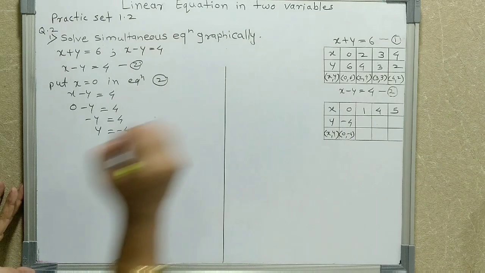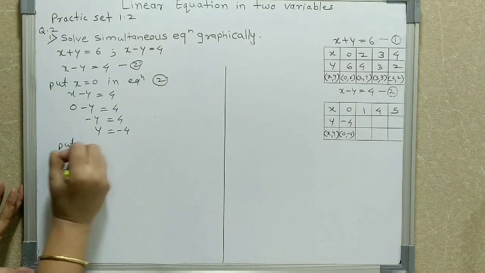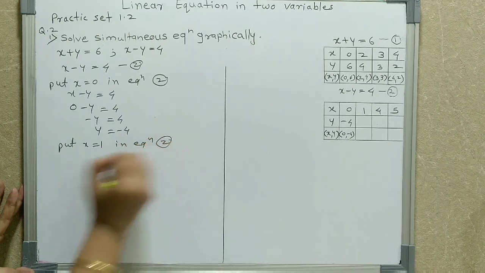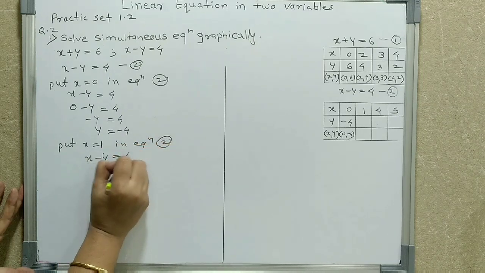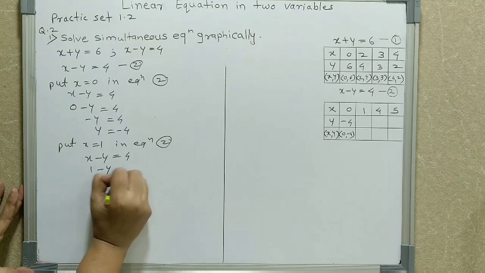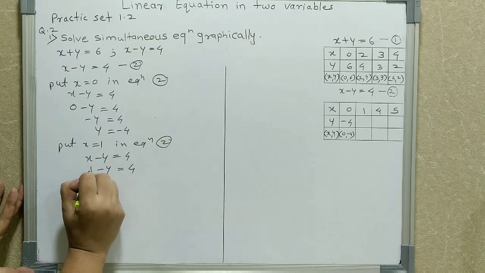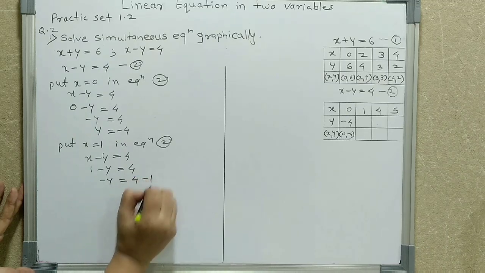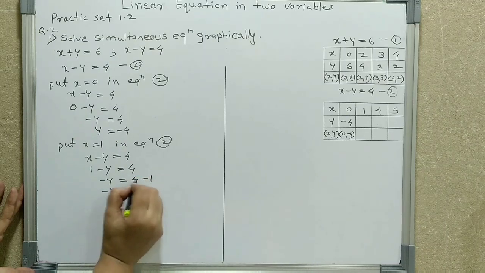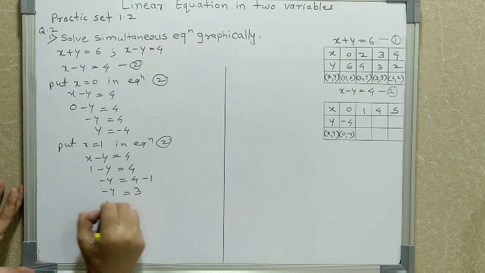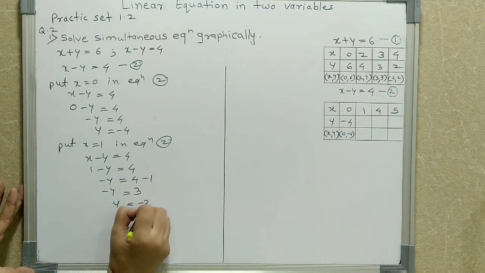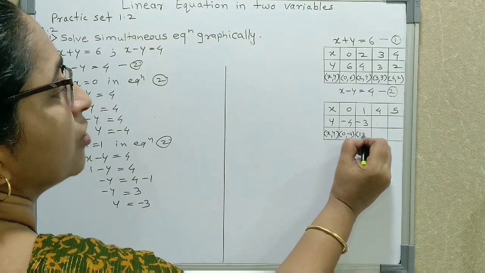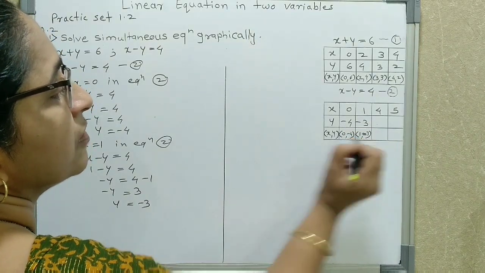Now we take x equal to 1. Put x equal to 1 in the second equation. x minus y equal to 4, so 1 minus y equal to 4. So 1 here plus, that side becomes minus. So minus y equal to 4 minus 1, 3. So y is equal to minus 3. We write here minus 3. This is the second ordered pair, (1, -3).